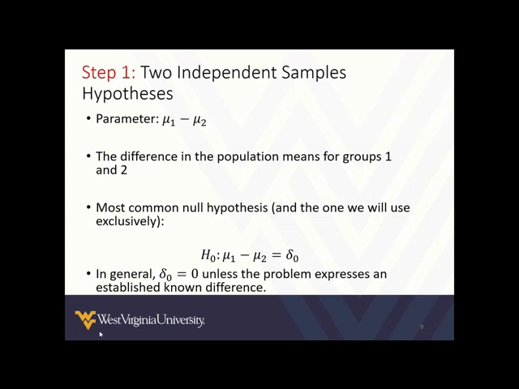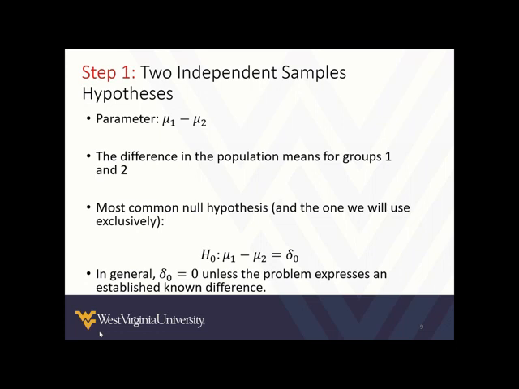So, for example, we talked before about the resting heart rates for males and females. Well, perhaps there's a known average difference, hypothetically, that men have a resting heart rate 5 beats more than women. And we're trying to establish if that difference has changed from the 5 beats.